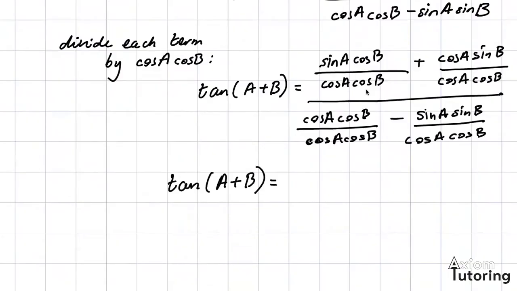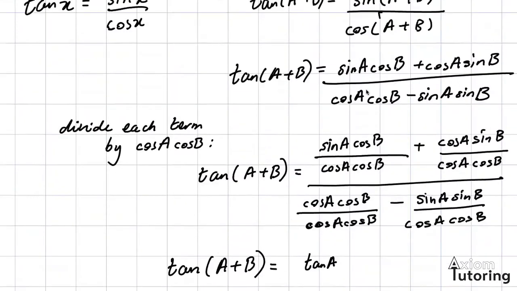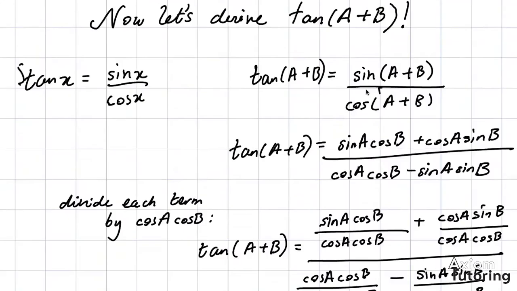So let's look firstly at our first term in the numerator. Sine A cos B over cos A cos B. Well, sine A over cos A is tan A. Okay, we know that from our previous identity over here.